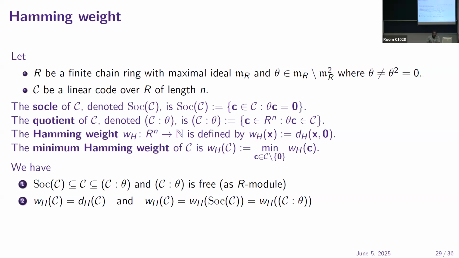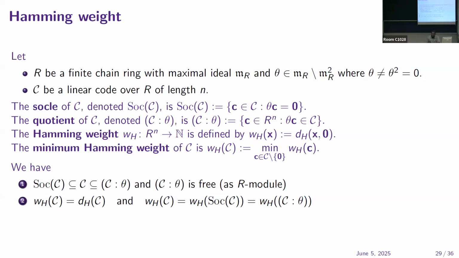It's important to note that the minimal weight or minimal distance of the linear code equals the minimal distance of the code. This equality is satisfied if the code is linear.